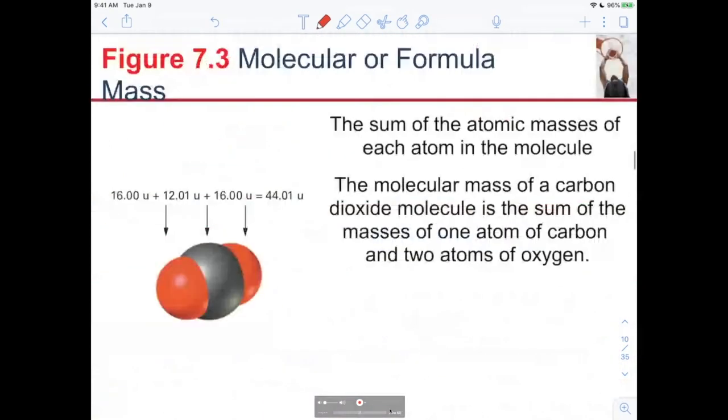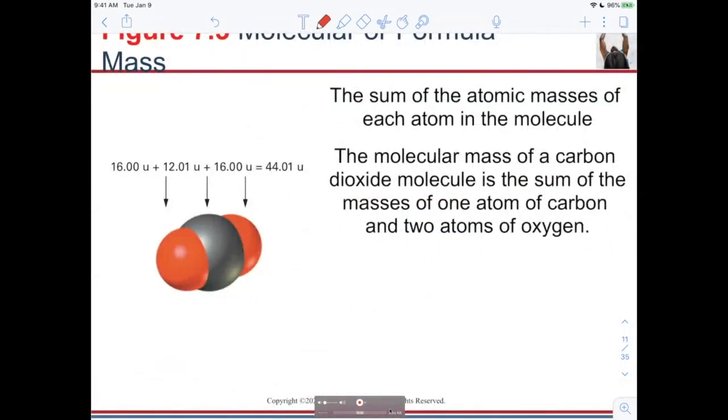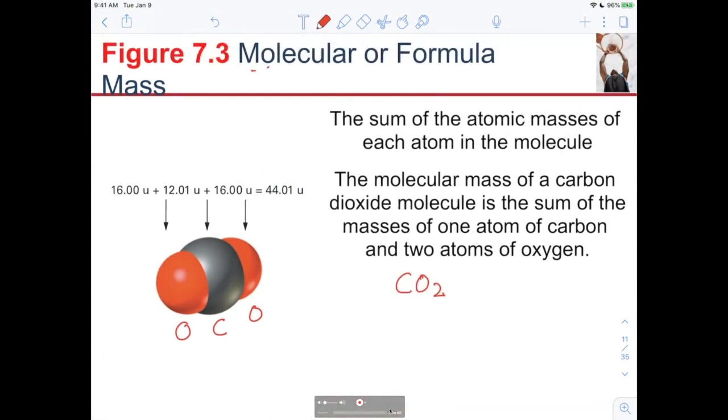Okay. Now we're looking at this here, and we're told that we're going to start with carbon and then two oxygens. We're going to start with carbon dioxide. Molecular or formula mass: the sum of the atomic mass of each atom in the molecule is essentially molecular or formula mass.